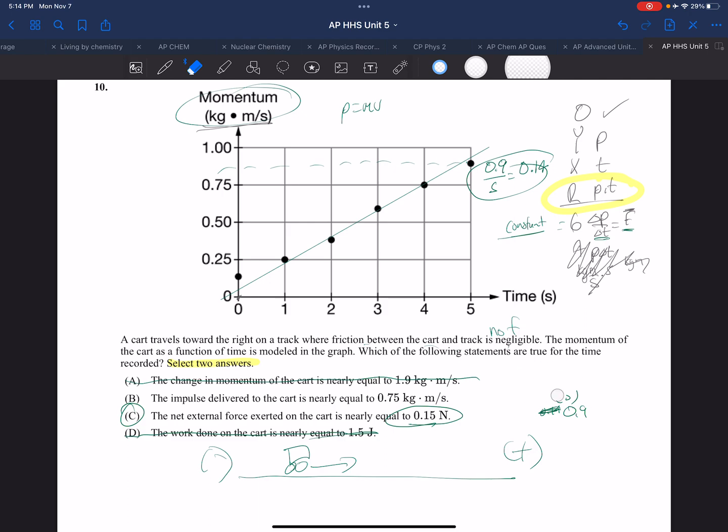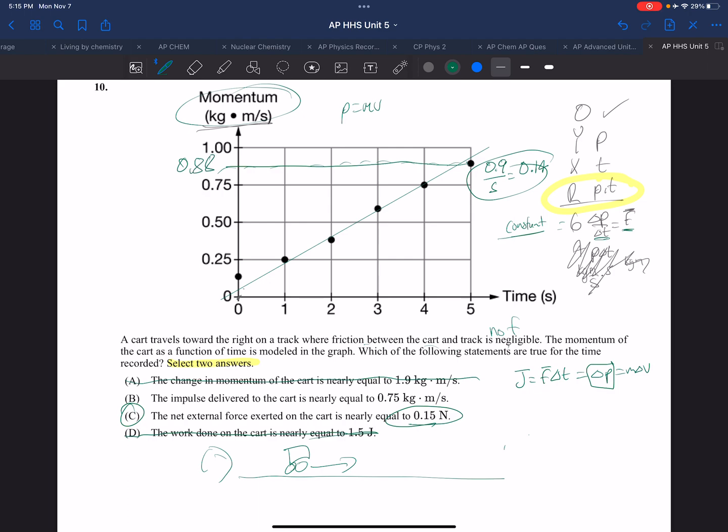The impulse is equal to the average force times the change in time. And the force, we said, was constant. But it's also equal to delta P, which is equal to m delta V. The impulse is equal to the change in momentum. Now, the change in momentum, we ended with 0.88, let's say.